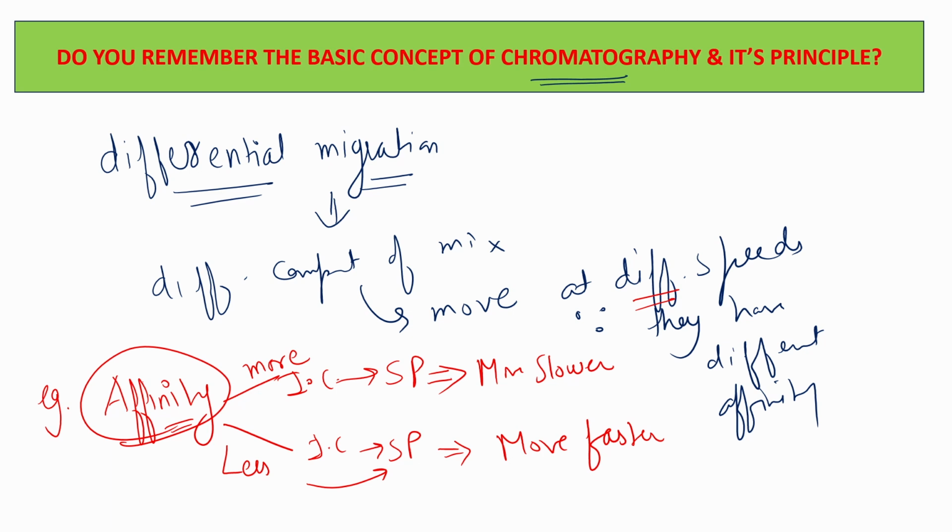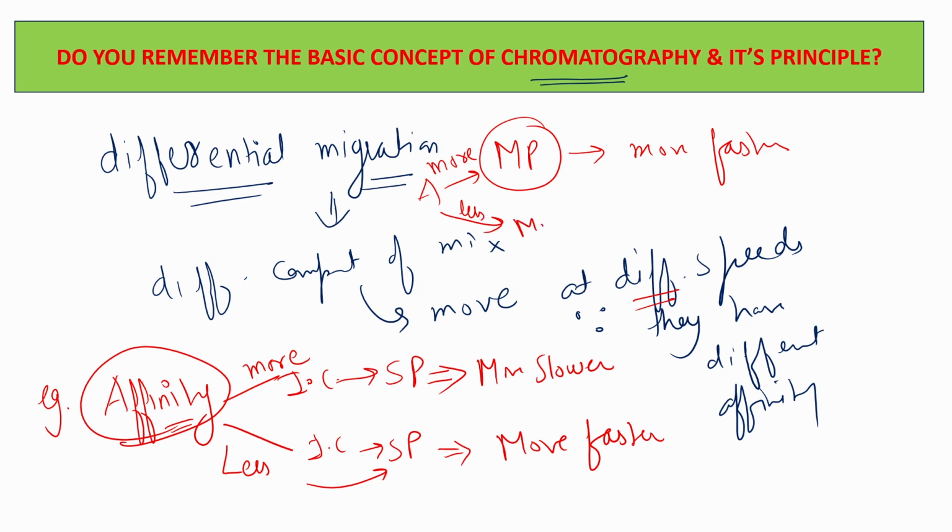And similarly, if we check the affinity towards the mobile phase, if the affinity is more towards the mobile phase, the component will move faster, and if the affinity is less towards the mobile phase, the component will move slower. This is the basic concept and basic principle of adsorption chromatography.